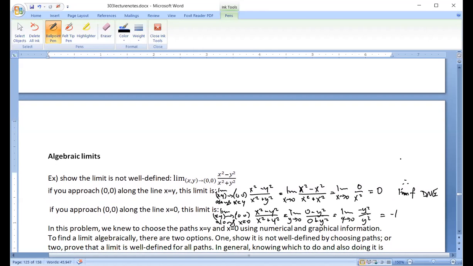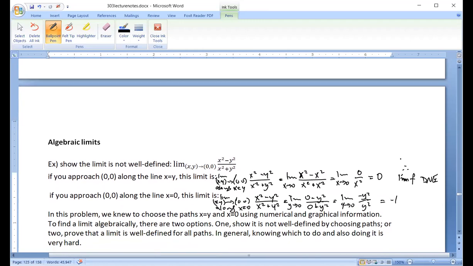What's the other option? We want to show that the limit is well defined. To do that, you need to, in a sense, show the limit for every single path has the same value. That's a hard thing that requires techniques beyond what we're going to cover in this class.